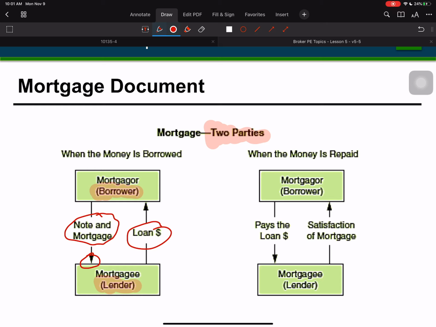When the money is repaid, the mortgagor or the borrower pays out the money, right? And now the lender has to give something called a satisfaction of mortgage, basically dictating that everything has been fully paid off, and there's no longer a loan on the property, and the person now has full control of the property.